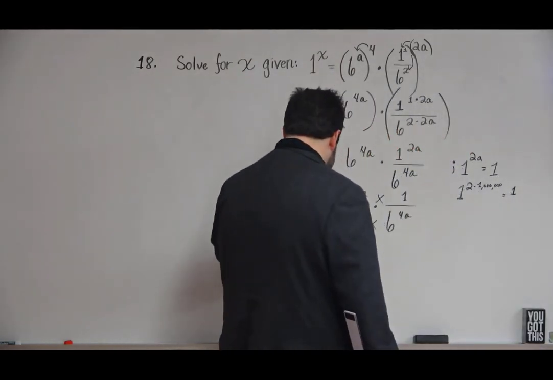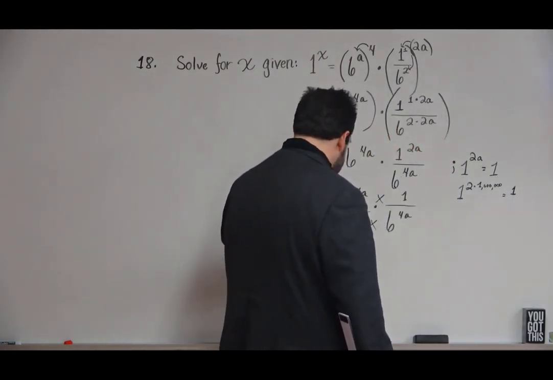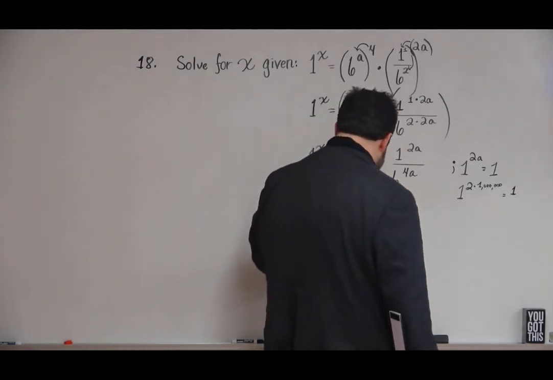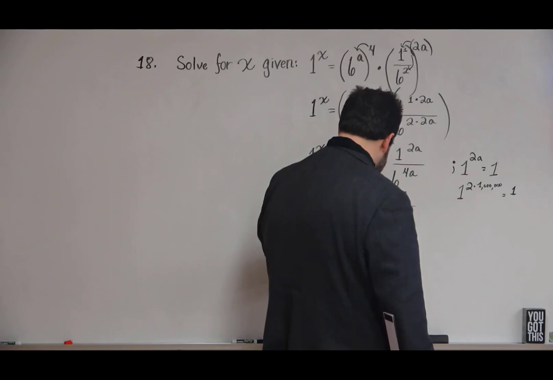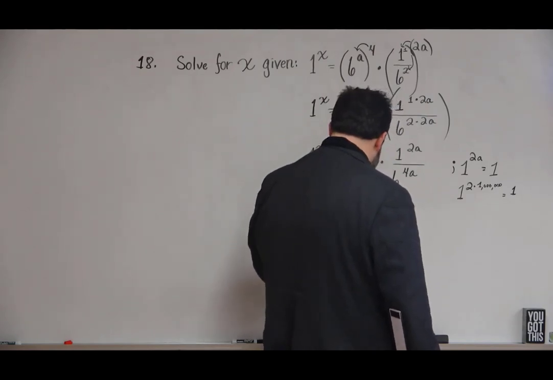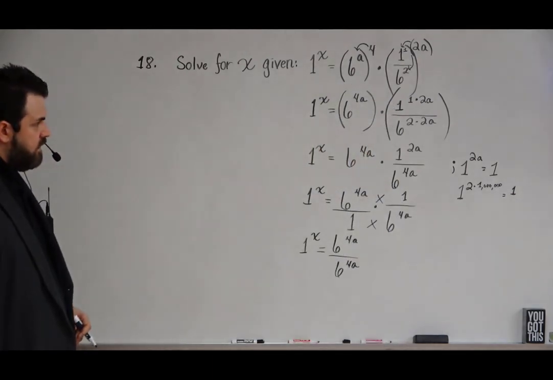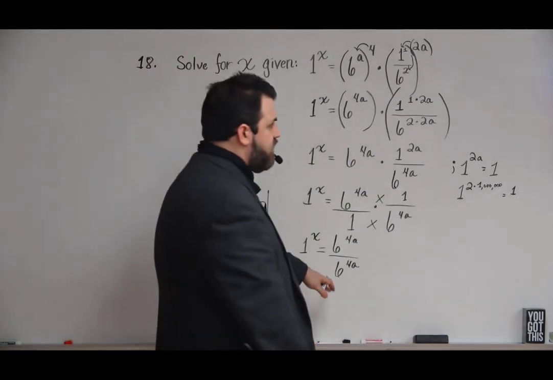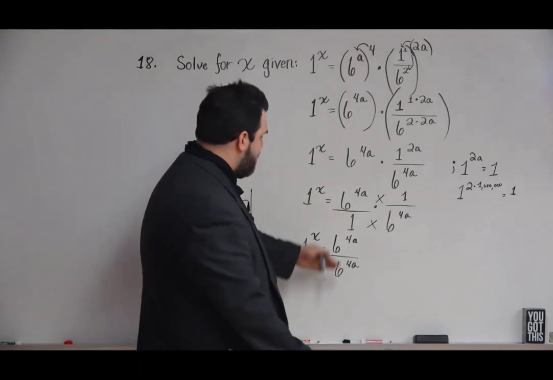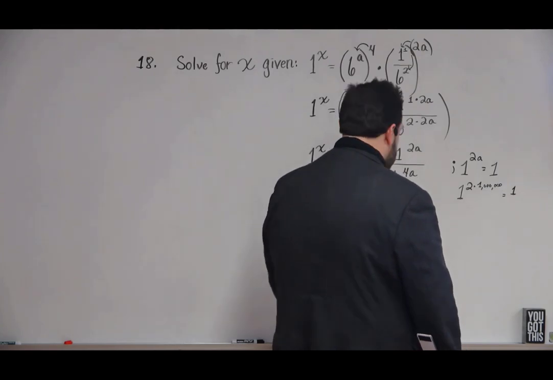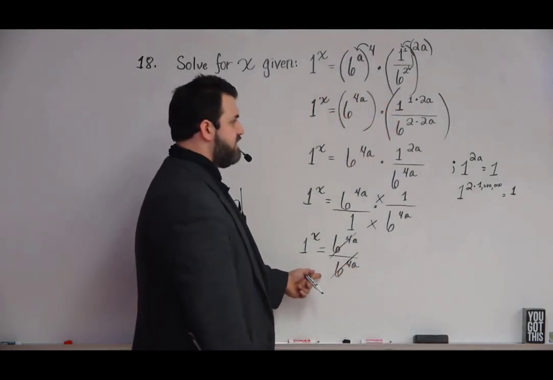I have 1 raised to the power of x equals 6 to the 4a over 6 to the 4a. Those are the same thing, and just like we've been doing all day, if we have the same thing over itself, it cancels out and there's just a big 1 left behind.